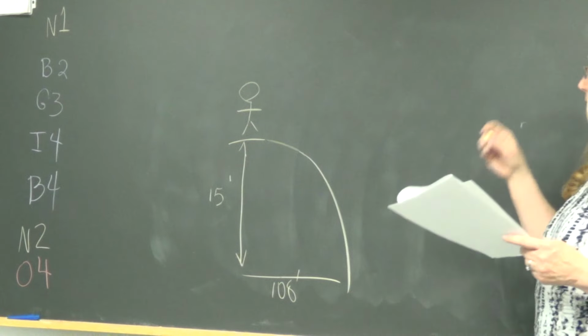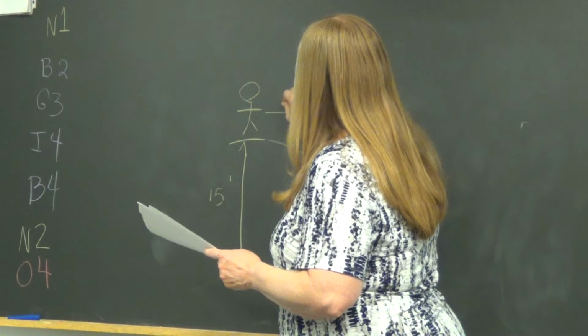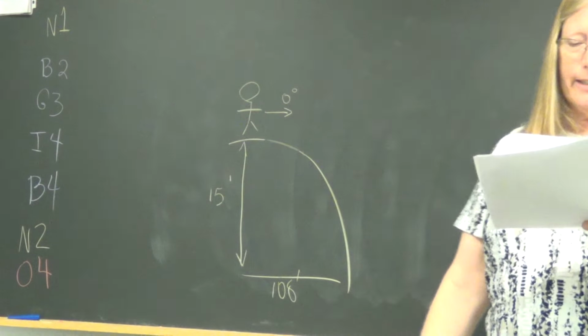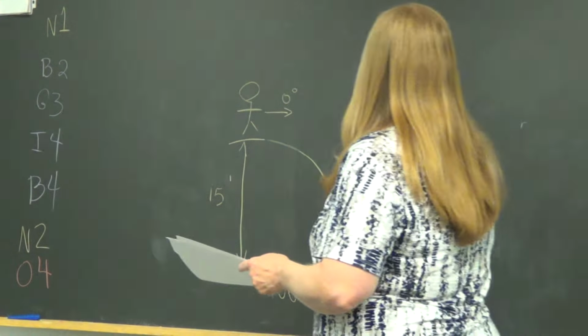The rock will leave the slingshot at 0 degrees for an angle. What is the rock's initial velocity?